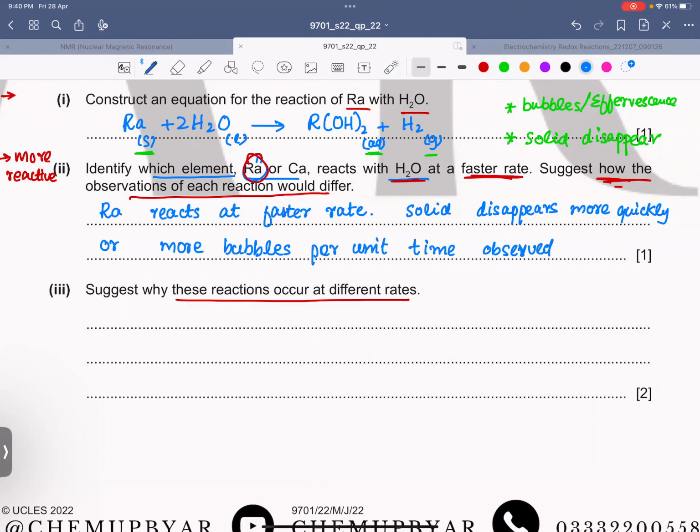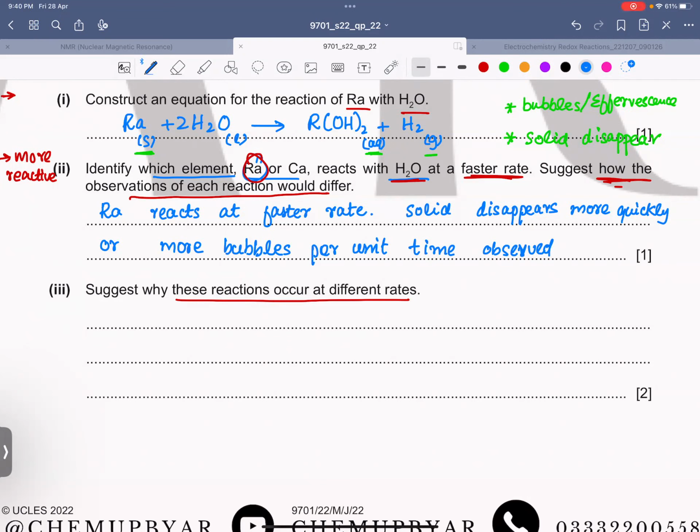Sir, so we have to write the answer in terms of ionization energy? Yes, we can write the answer in terms of ionization energy, or otherwise you can write that for the reaction of radium, the activation energy is lower. You can write that instead of referring to the ionization energy.